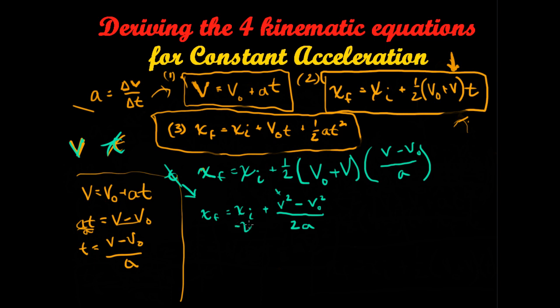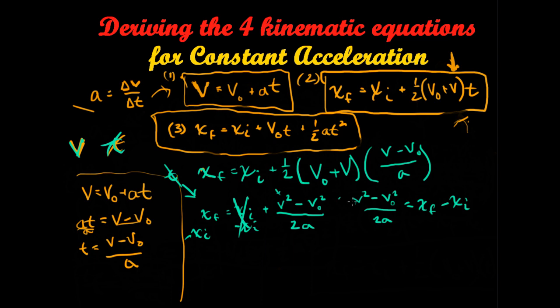First, subtract your initial position from each side, which gets rid of this one here, and multiply both sides by 2a. But I'll go ahead and do it one step at a time here. So I'm going to move this to the left hand side. Final velocity squared minus initial velocity squared over 2a is equal to the final position minus the initial position.